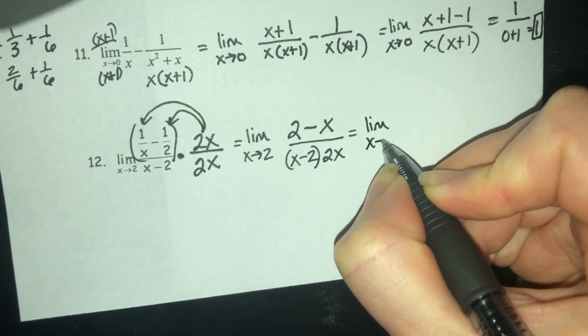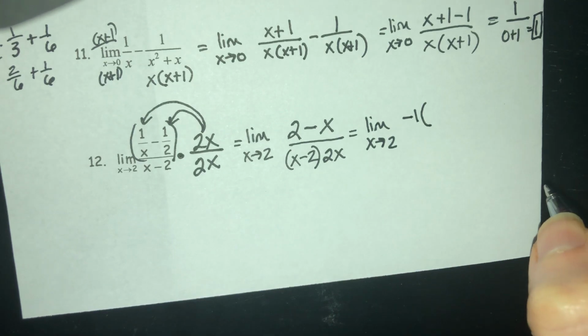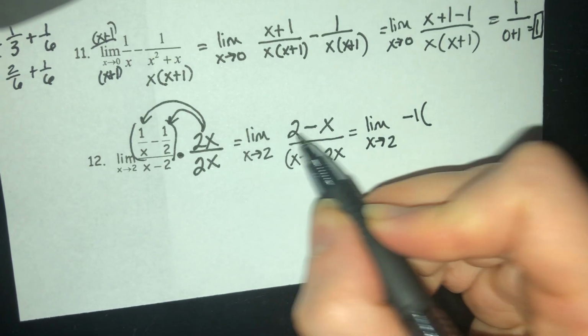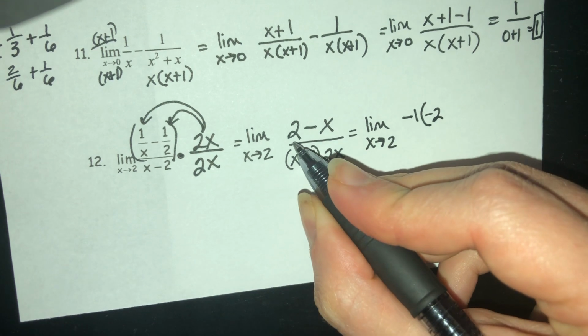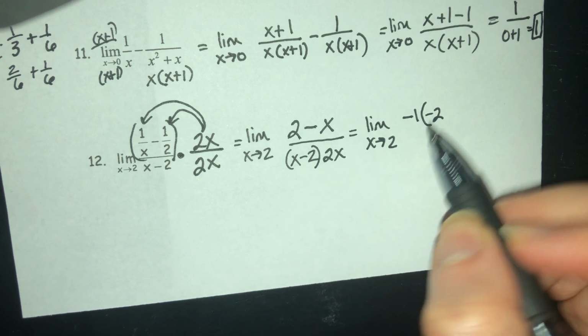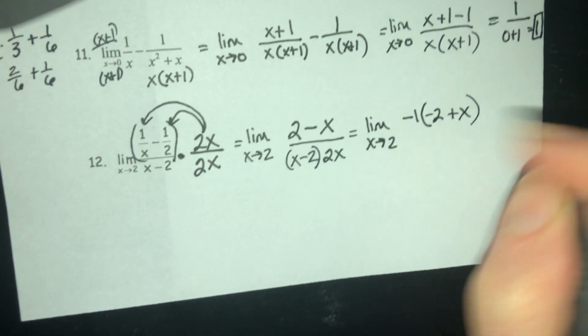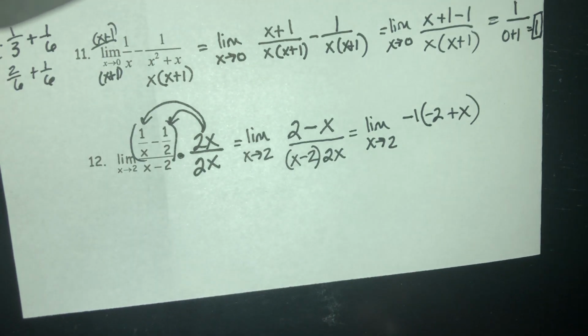Sneaky, huh? If I pull the -1 out, like reverse distribution, this 2 would become a -2, because when you multiply that -1 times that -2, you'd have that positive 2. And this negative x, if I factor out the -1, would then be a positive x, because multiplying that -1 times that positive x gives me that negative x there.